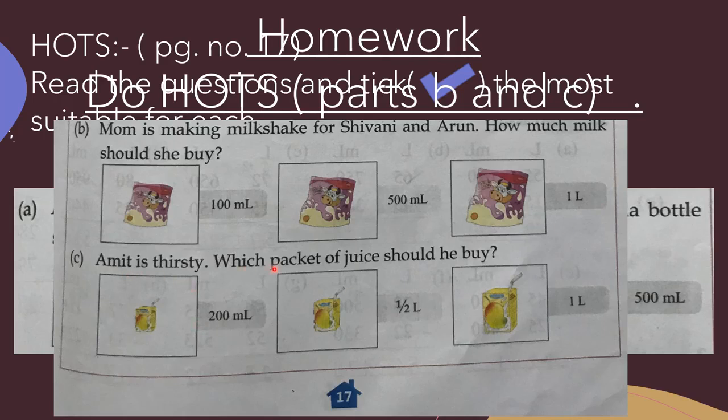Amit is thirsty. Which packet of juice should he buy? ठीक है, अमित जो है वो प्यासा है और उसे जूस लेना है तो वो अपने लिए कौन सा जूस लेगा, कौन सी कैपेसिटी का: 200 मिलीलीटर, 1/2 का मतलब होता है 500 मिलीलीटर, और 1 लीटर. ठीक है, this is given on page number 17 of your book. You have to do these two parts, B part and C part of the HOTS question.